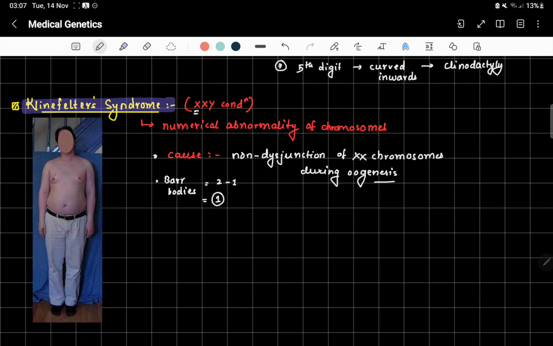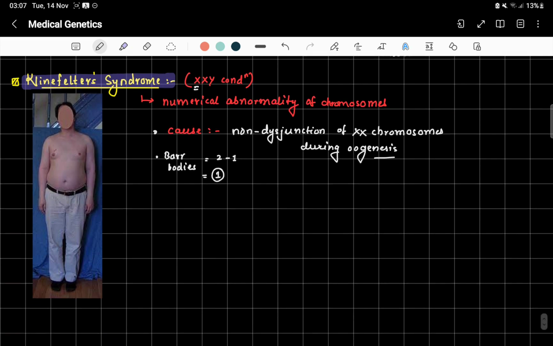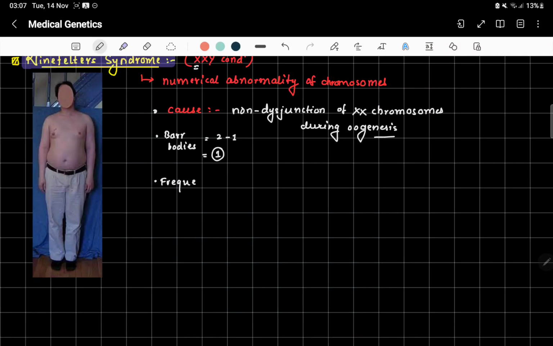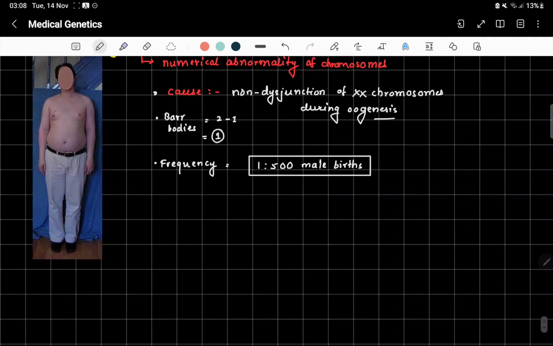Understood? It was described by Klinefelter in 1942, and the frequency will be 1:500 male births. Understood? What is the genotype?